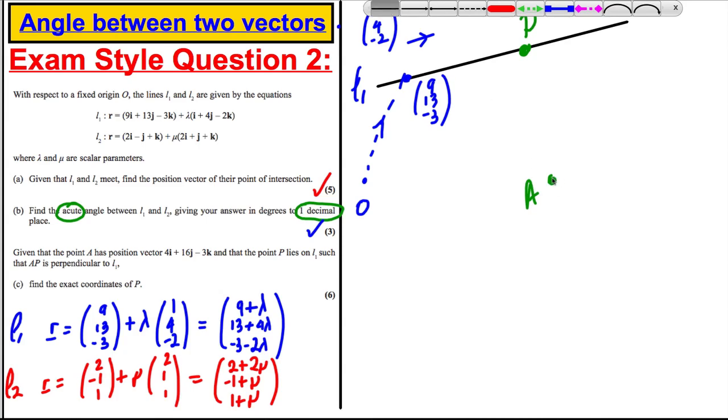AP is perpendicular to the direction the line's going in. A is some point not on the line, but AP is perpendicular to the direction of the line. It asks you to find the exact coordinates of P.